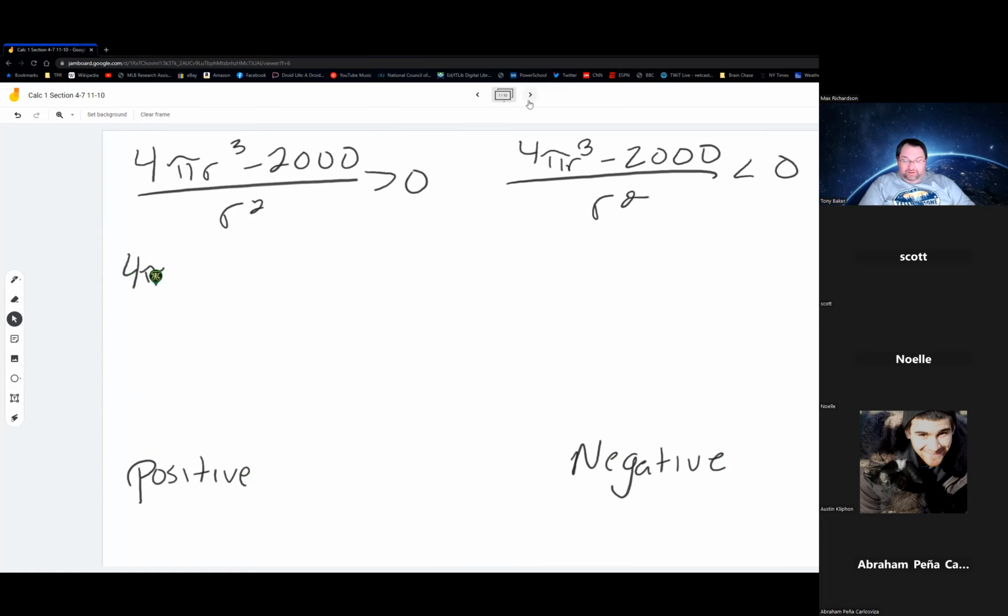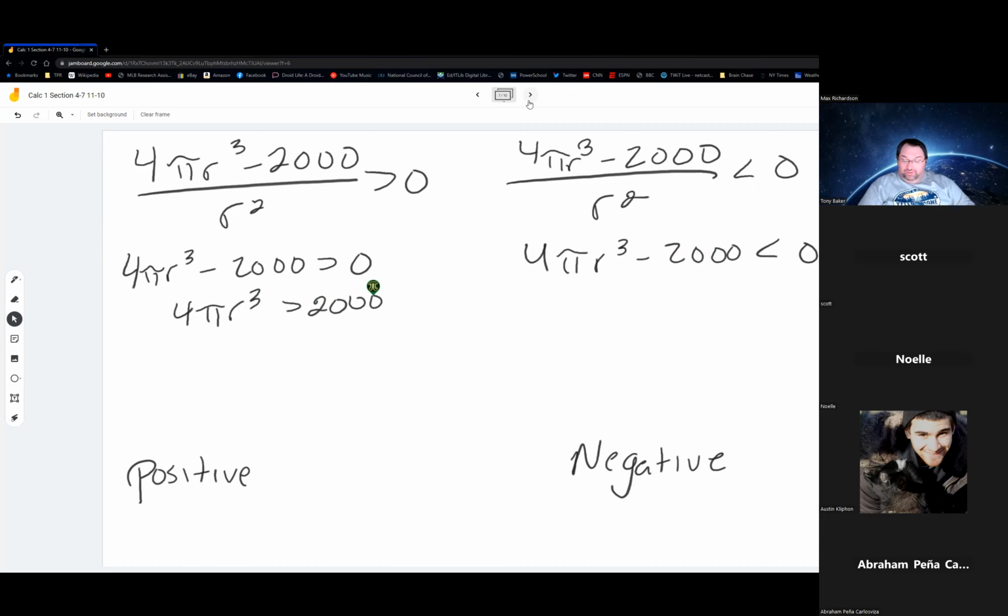So 4 pi r to the third minus 2000 is greater than 0. And since I'm not actually dividing or multiplying by a negative in this case, nothing's going to change from what I did before.